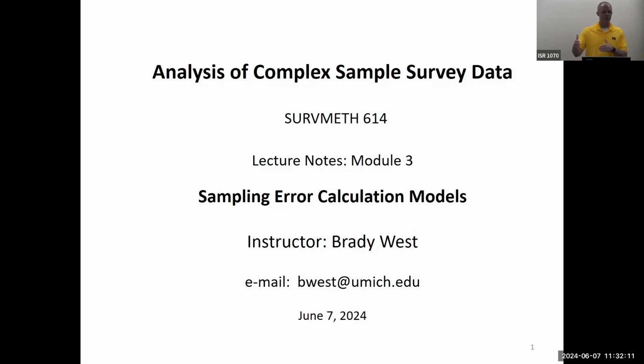To get to that point, we have to understand where the stratum codes and the cluster codes come from in the data sets that enable us to estimate variance in the first place. So this short little module is about where those codes come from that we see in the data set alongside the weights that allow us to estimate variances.